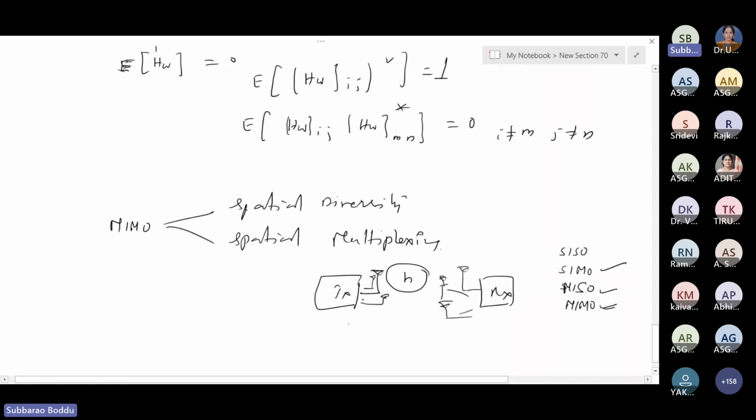And we may not need feedback also. It means we keep on transmitting the signal without waiting to get the channel information at the transmitter side. That is also one kind of analysis in the MISO, when you obtain the diversity at the transmitter side.